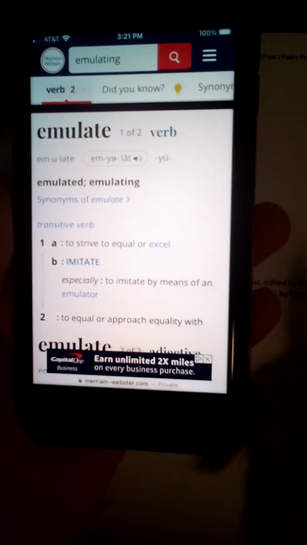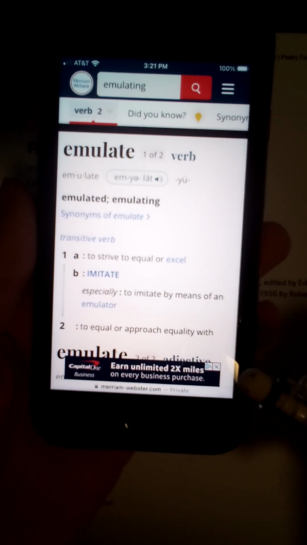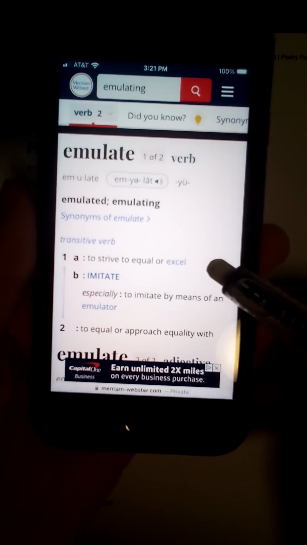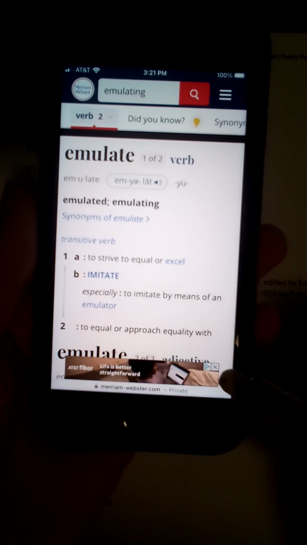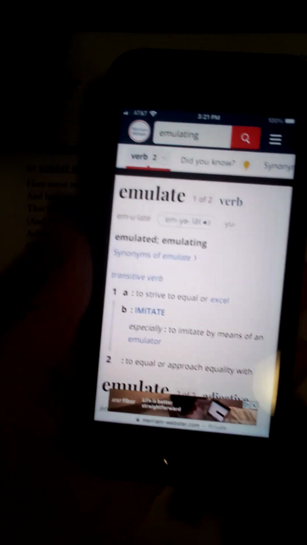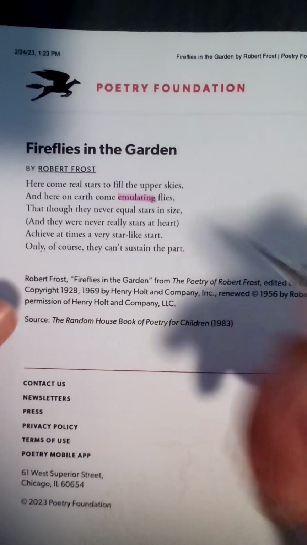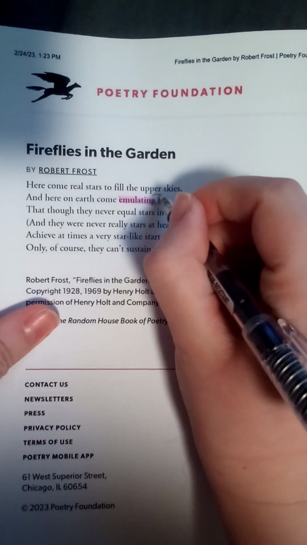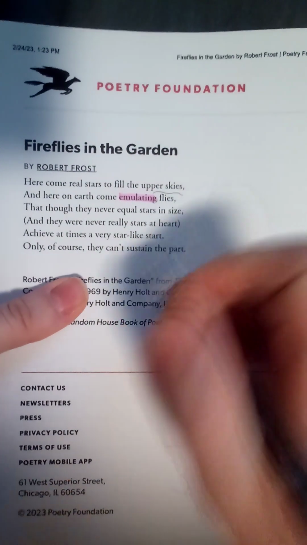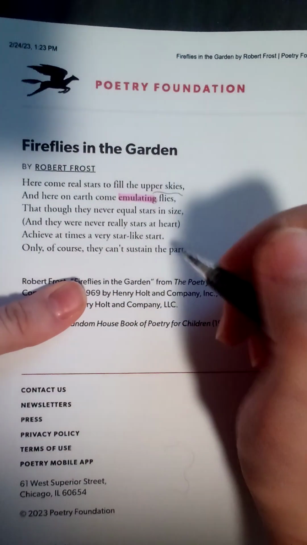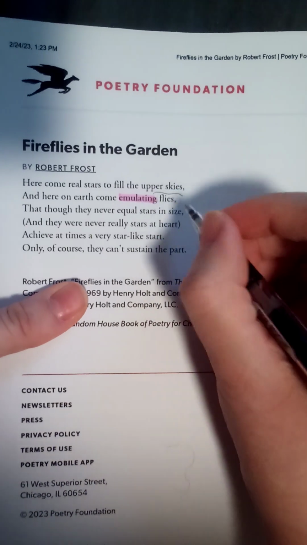So here we go, and it basically means to strive to equal or excel, or to imitate, or to equal or approach equality with. Now I like these first two definitions the most, so I'm going to write a little line that points to the definition that I'm going to write in.